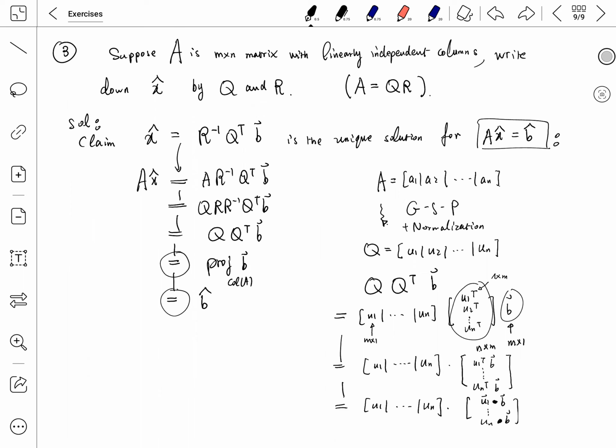And so finally this is just summation of B dot product with UI, and then times UI from 1 to n. This is exactly our definition of projection.